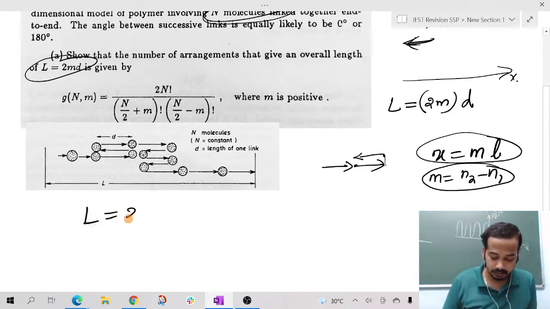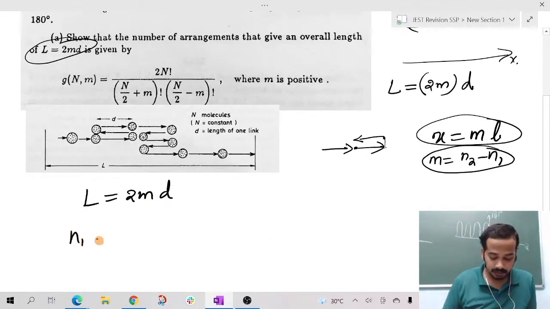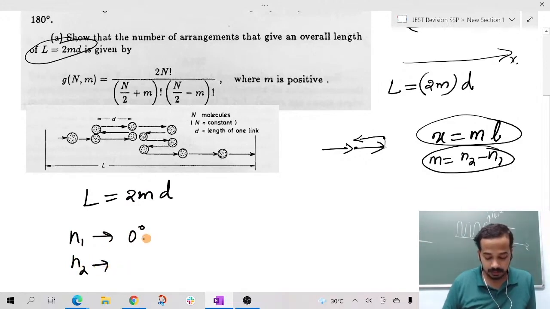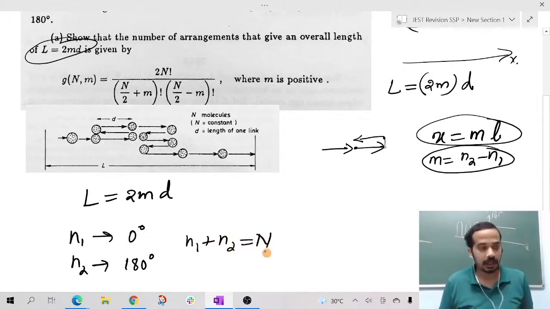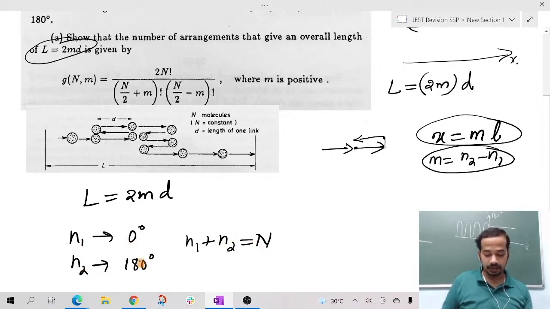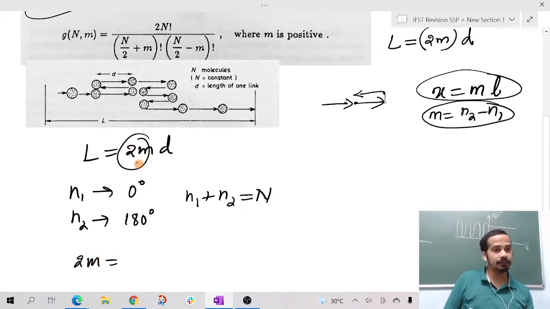He has given L is equal to 2m into d. Let me take a look here. N1 number of links are aligned at 0 degrees, N2 number of links are aligned at 180 degrees. So N1 plus N2 is equal to N. Among N molecules, N1 molecules align at 0 degrees and N2 molecules align at 180 degrees. Now he gave one confusion factor.